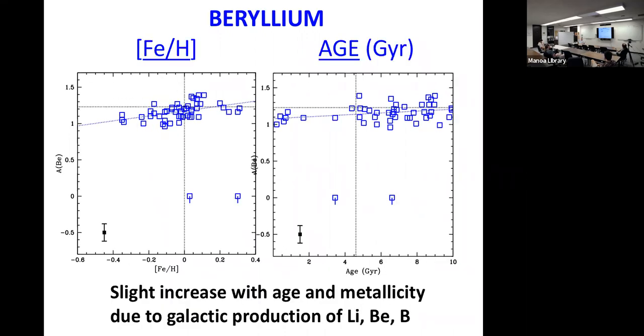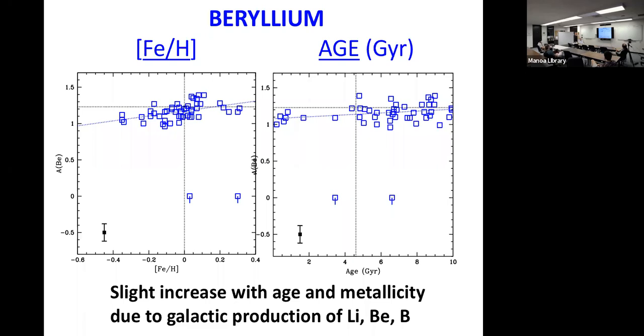Now, if we look at metallicity and age, for both of those, we see a slight trend of beryllium increasing with increasing metallicity and beryllium increasing with increasing age.